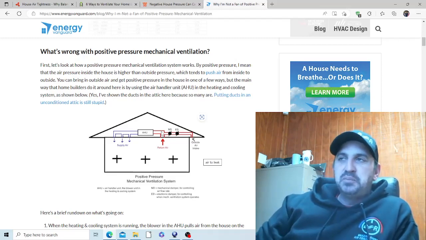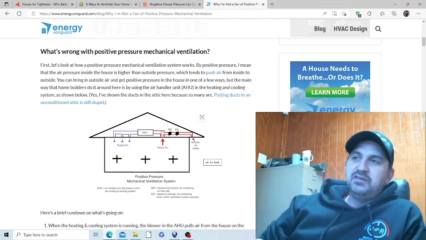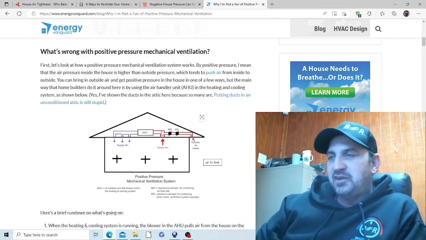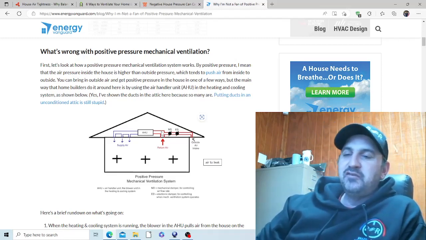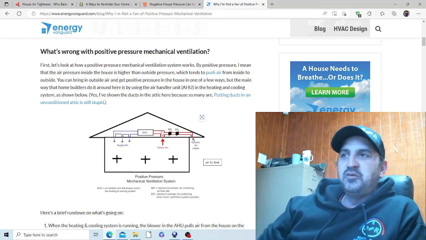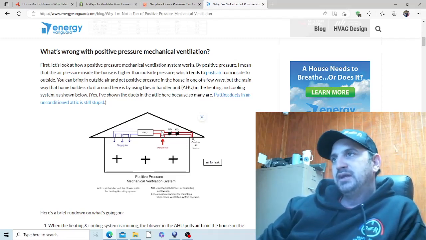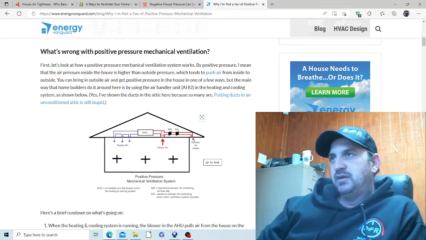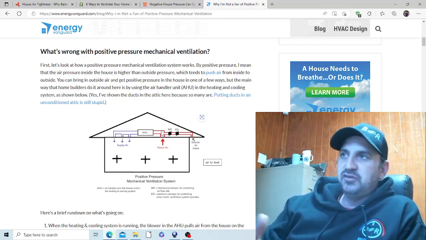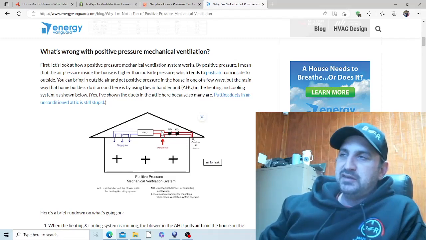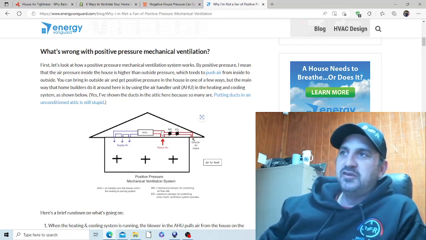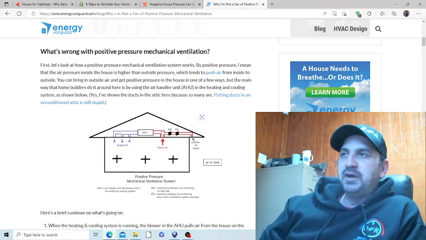It's just kind of pulling it in. It's not filtering it. It's not conditioning it. You're just, if it's 110 outside, you're getting 110 degree air. If it's 70% humidity outside your wall, you're pulling 70% humidity in. So while that air coming in is good, using this type of system can be kind of annoying at times, because you're bringing in all these things that you're trying to keep out anyway.